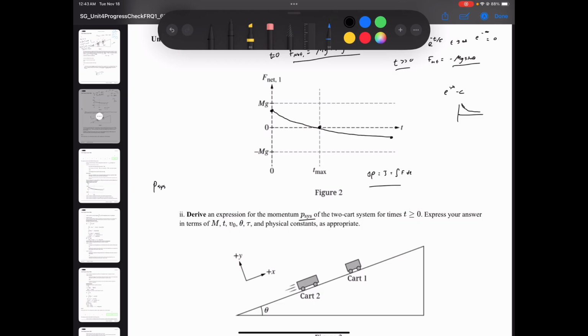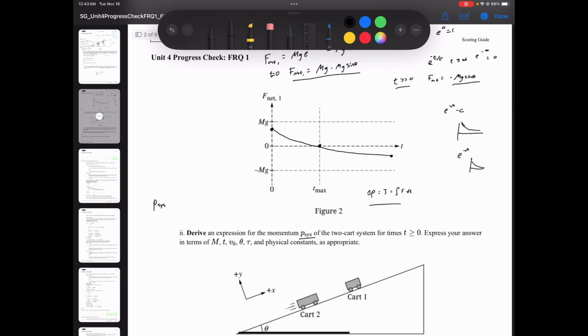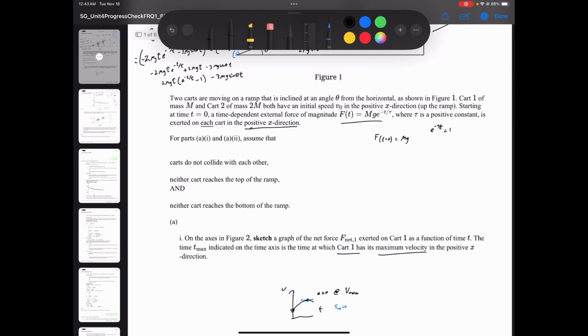You need to know that e to the negative x, like a decaying exponential, has this rough shape, and it's going to be approaching 0 as x becomes larger. And then it's shifted down because I have that minus mg sine theta over there. So these are my 3 critical points, and then I draw the curve that looks like a decaying exponential. And that's part 1 for part A.